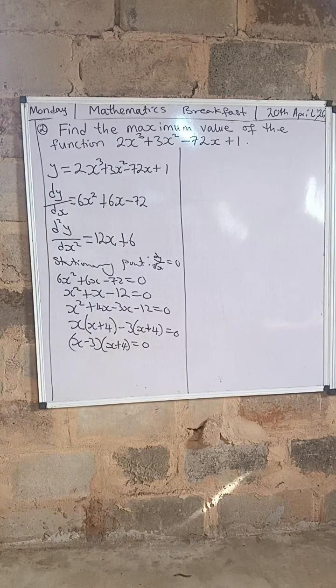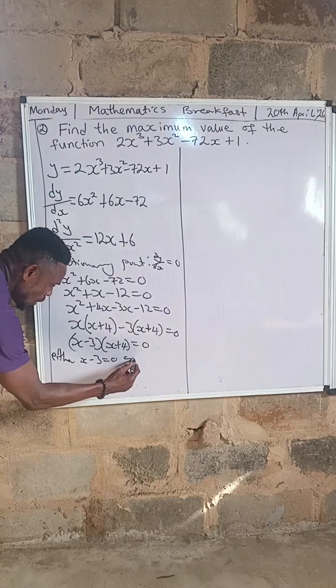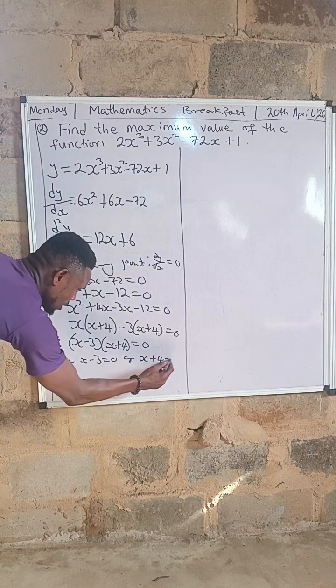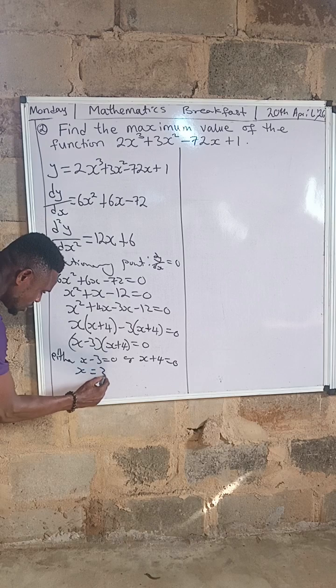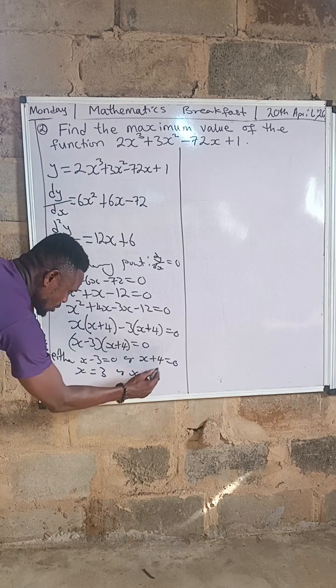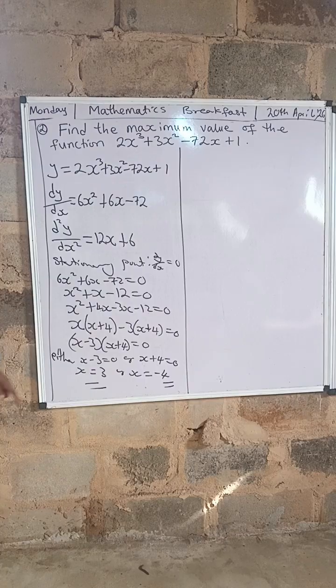Once you multiply two numbers and you get 0, either one of the numbers equals 0 or both numbers are 0. We don't know which one, so you write either x minus 3 equals 0 or x plus 4 equals 0. x is equal to 3 or x is equal to minus 4. These are the two stationary values for x.